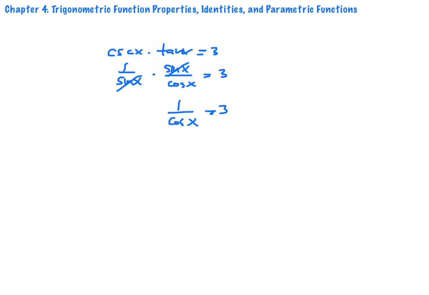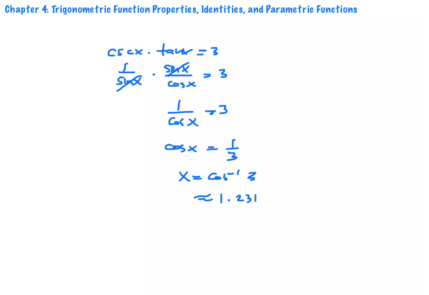Then we also have cos x equal to 1 over 3. So x will be equal to cos inverse of 1 over 3, which is around 1.231. All of this happened because we know the properties or the identities of the trigonometric functions.